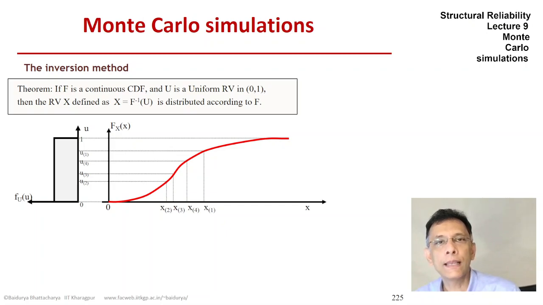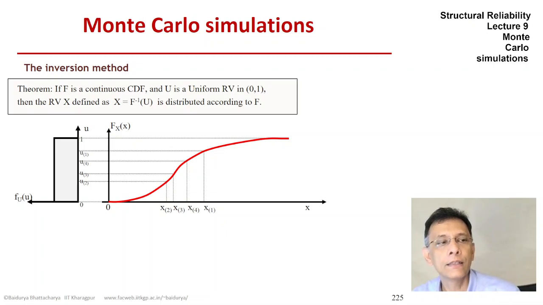So it's in this range, in that rectangular block on the left, that the random number generator samples from. So let's say the first sample is U1. So that U1 is now used to invert through the distribution function F.